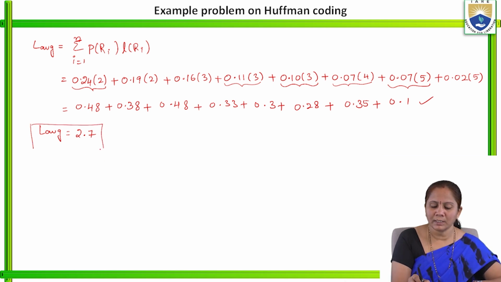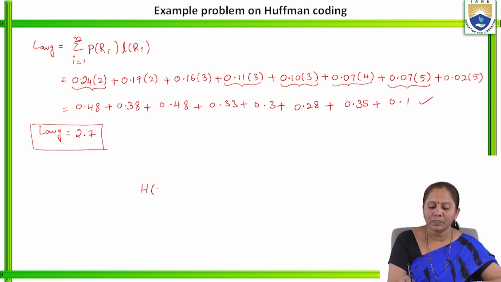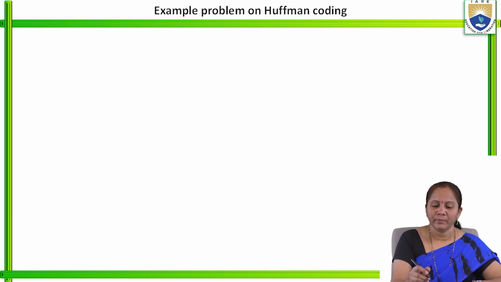Now consider this average length to find efficiency. Before calculating efficiency, one more thing we have to find, which is H of x, the entropy.